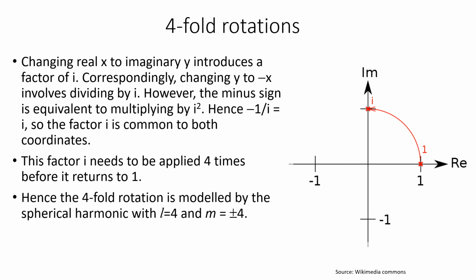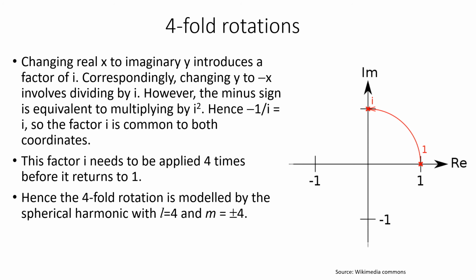So it turns out that if you're going to model a fourfold rotation using a spherical harmonic, you would need to have m being plus or minus 4 to represent the factor i being applied 4 times with this 90 degree rotation. And in order for m to be plus or minus 4, the L value of the spherical harmonic would have to equal 4, or above.